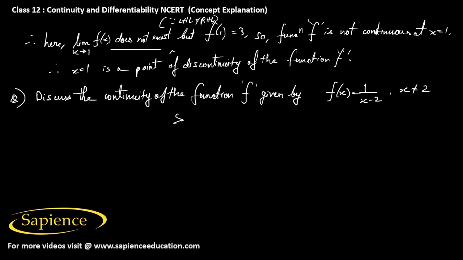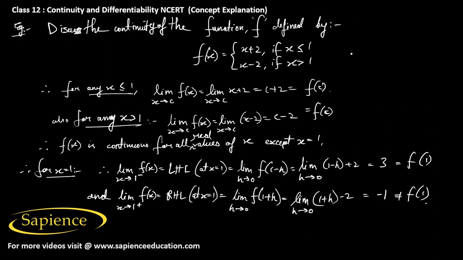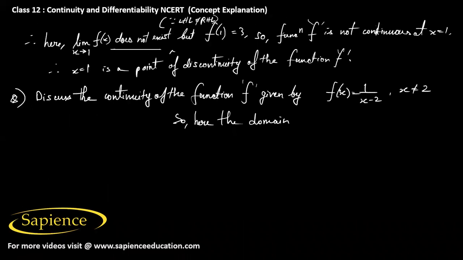So here, in the previous question we saw that the domain of the function f is all real numbers R. But here the domain of the function f is not R, it is R minus 2.